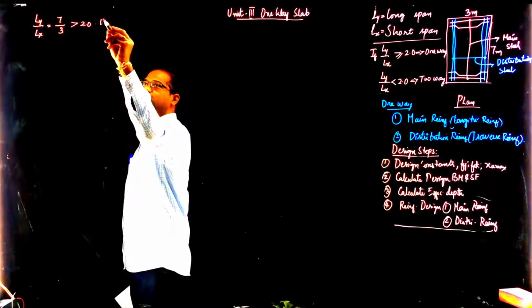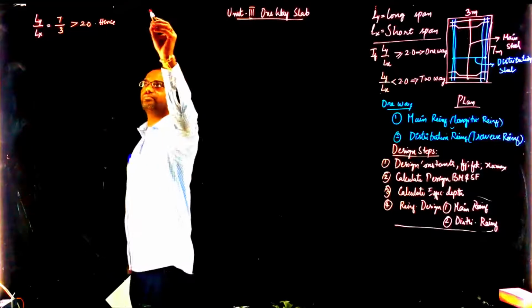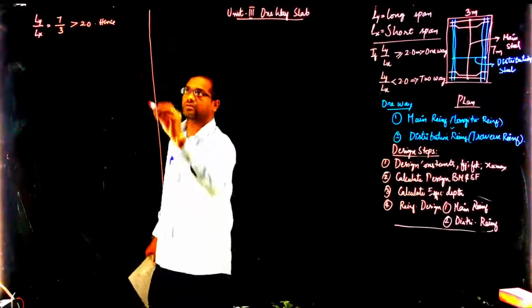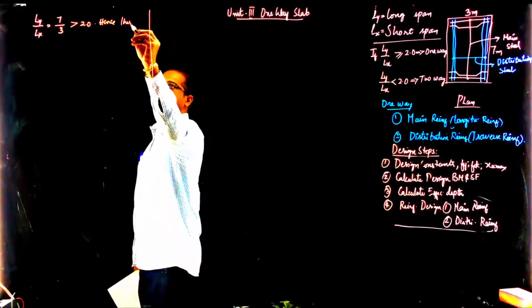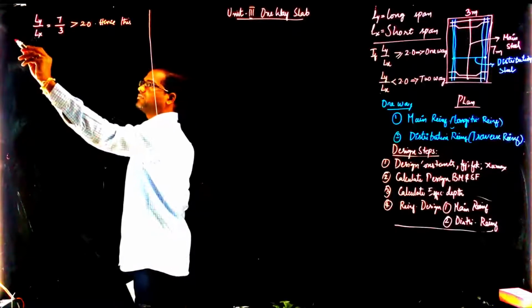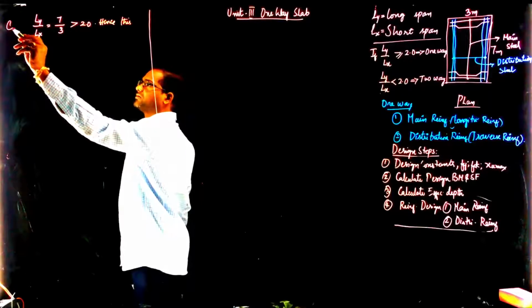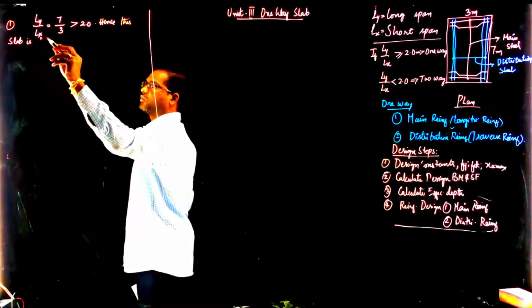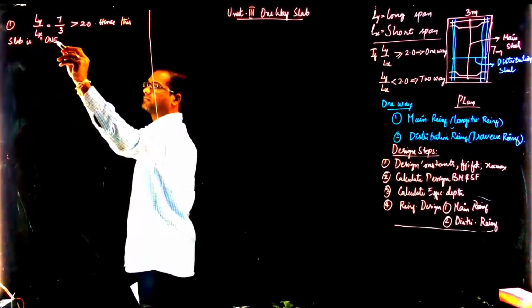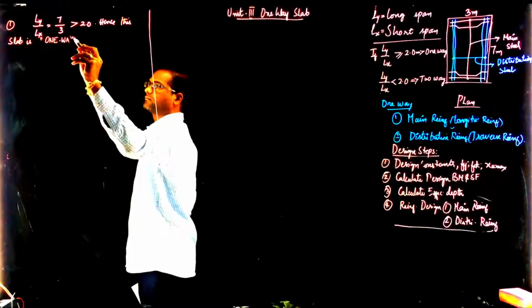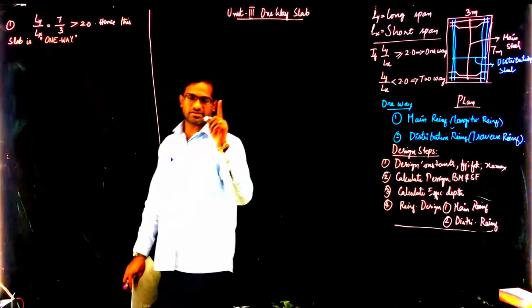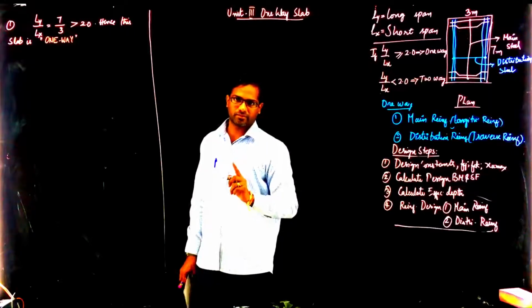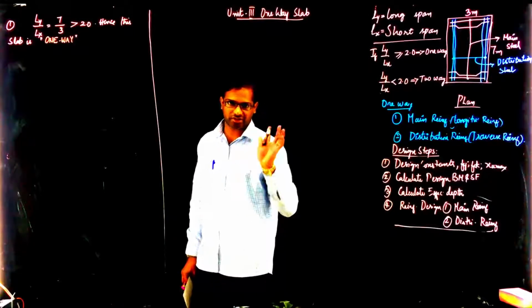So this slab is one way. It bends in only one direction, and reinforcement is also provided in one direction.